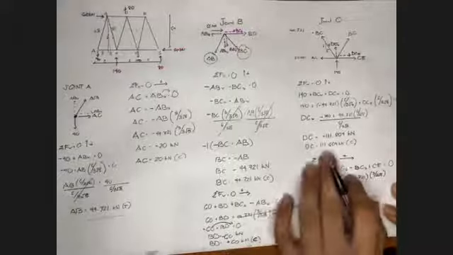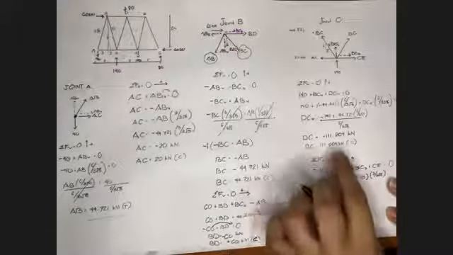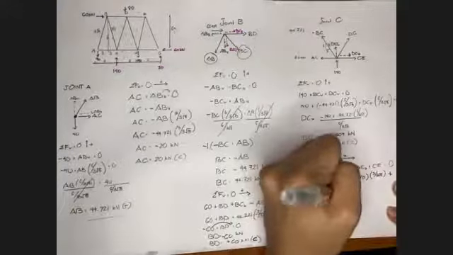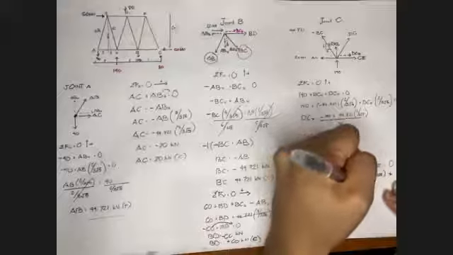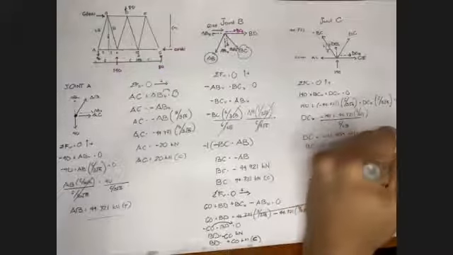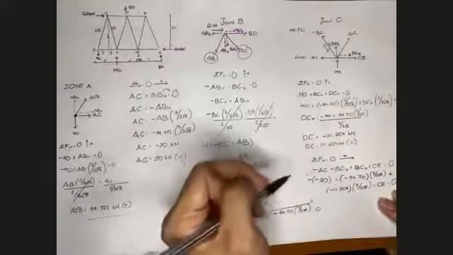That is 111.804, and naka-compression din siya, so negative, plus negative 111.804 times, dahil may angulo siya, gamitin natin ang 3 all over 3 square root of 5. And lastly, we have CE equal to 0.